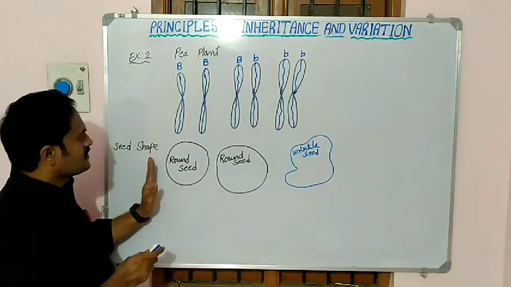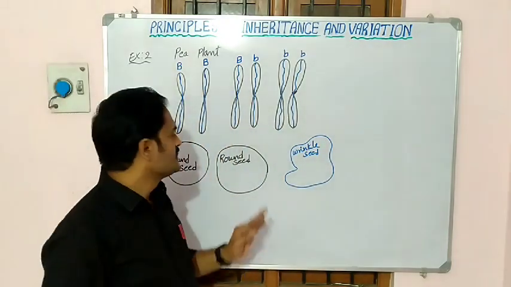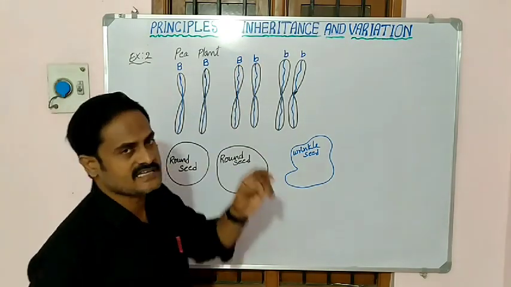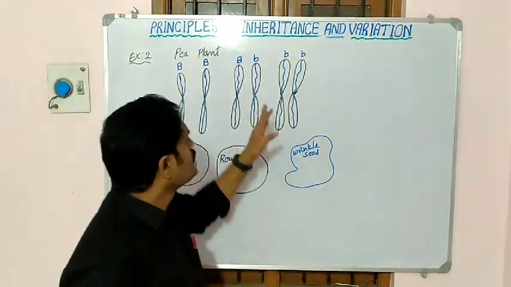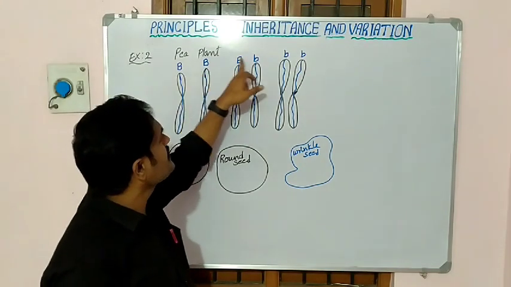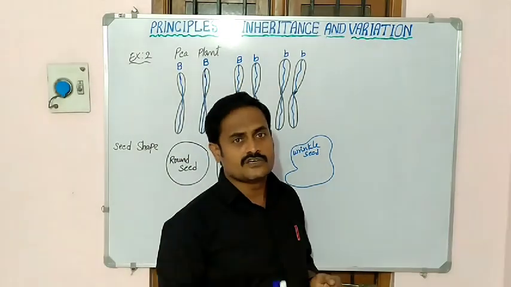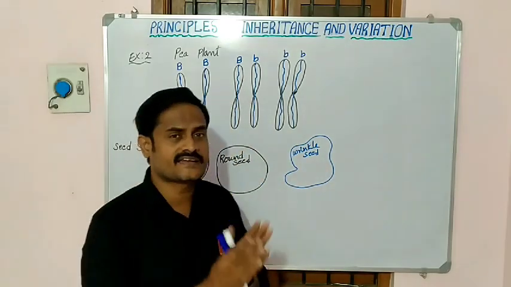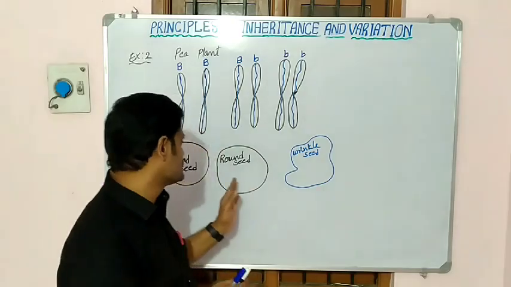So this shape of the seed is controlled by these alleles. Here, how many alleles? Capital B, small b. This type of allele controls one character of the pea plant. What is that?